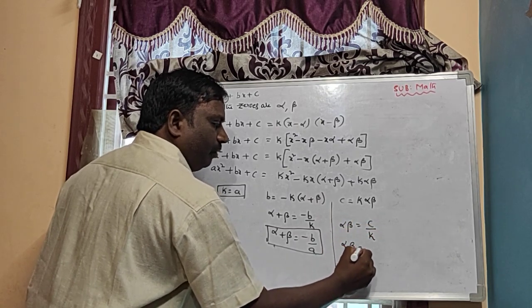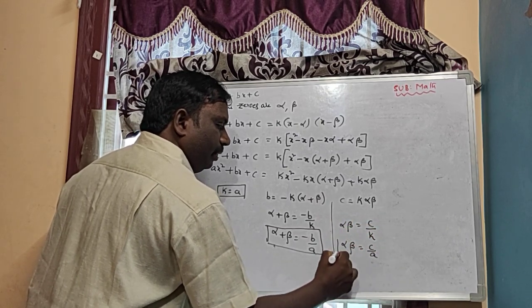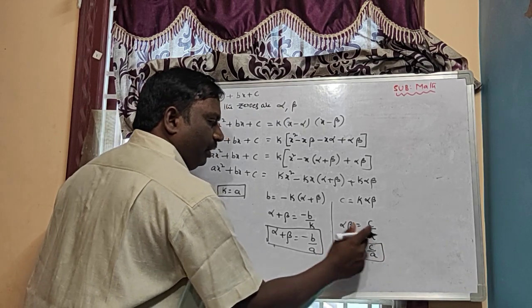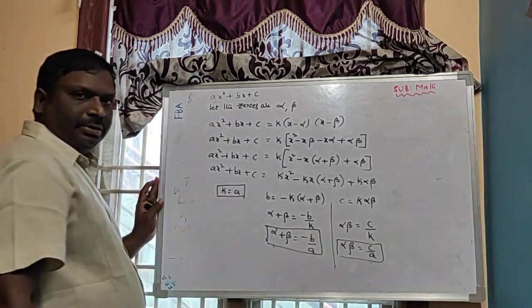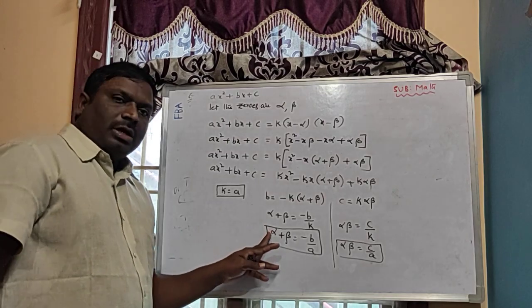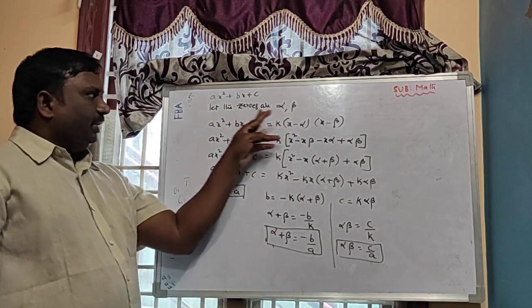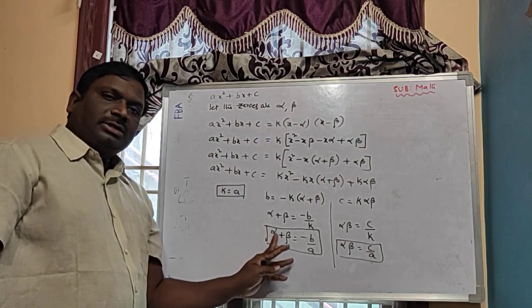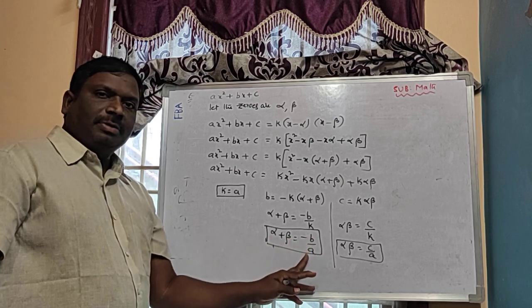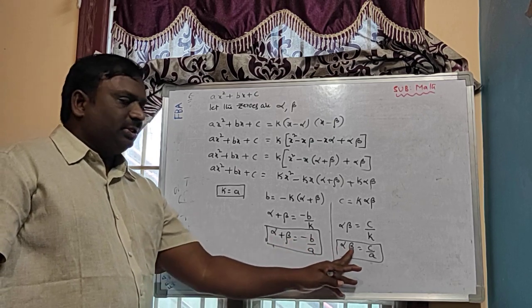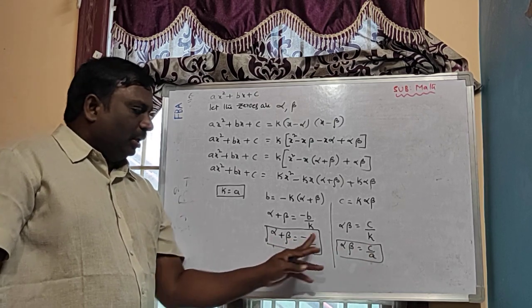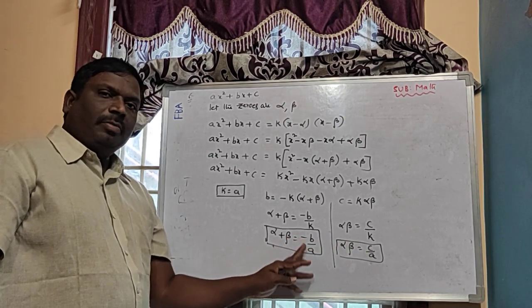Alpha into beta equals c by a. Because the k value is already a. So alpha and beta are the zeros, that's why the sum of the zeros equals minus b by a. The product of the zeros equals c by a. Sum of the zeros alpha plus beta equals minus b by a.